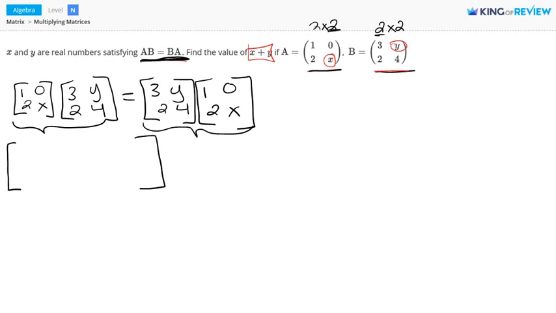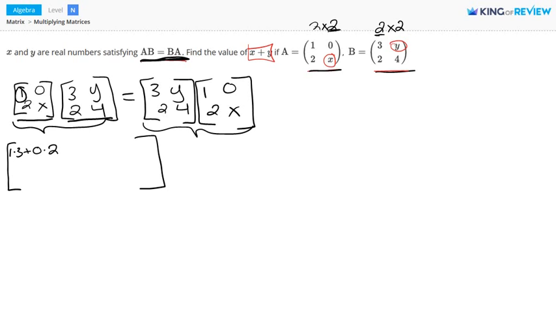When we multiply matrices, we multiply corresponding entries in the first row of the first matrix times the first column of the second matrix and add the two products together. So let's work on the first entry. We have 1 times 3 plus 0 times 2.